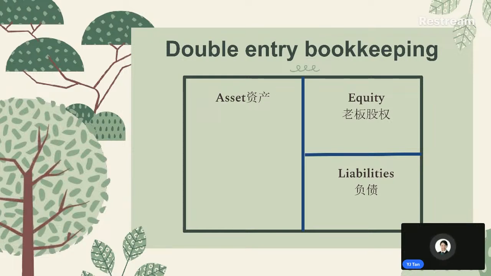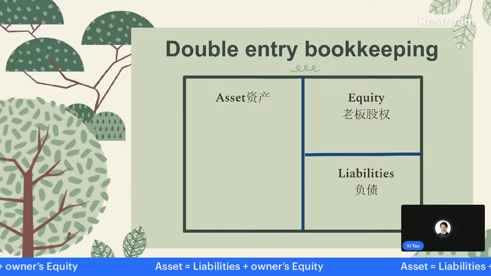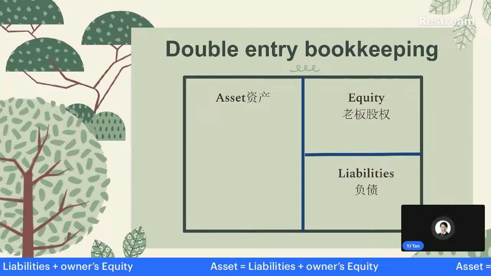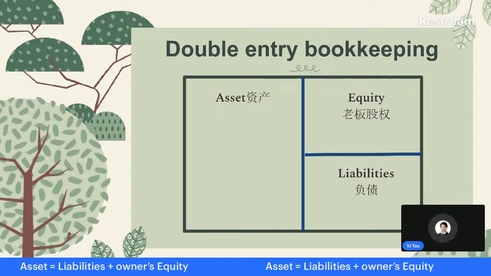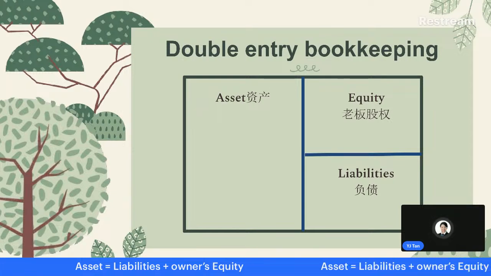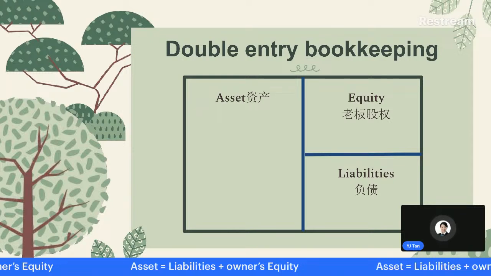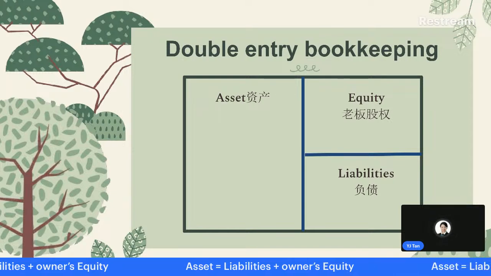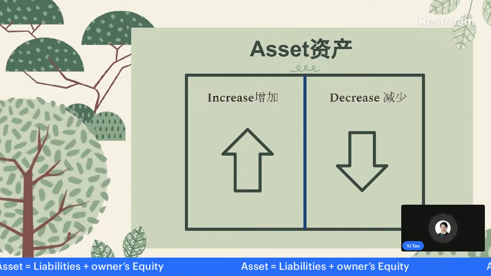In the previous course, I did mention that asset is equal to liability plus owner equity, which is A equals L plus E. This relationship is really important for you to remember. I hope this makes it very clear to you and you can memorize it. In the later part of this video, I will explain how you apply this theory.